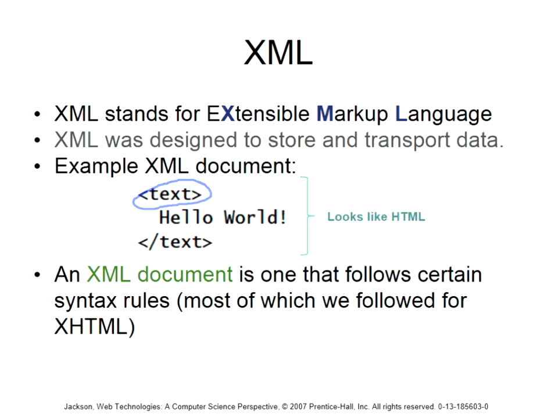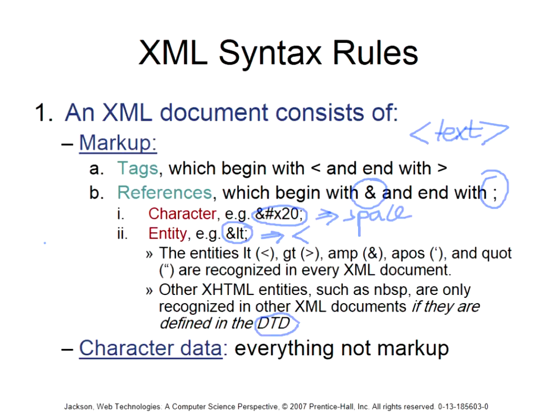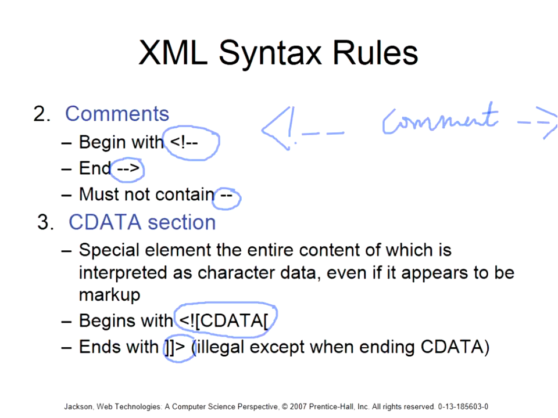So element and attribute names are case sensitive. Rule number 8. XML white space characters are space, carriage return, line feed, and tab. So there are 4 XML white space characters: space, carriage return, line feed, and tab.